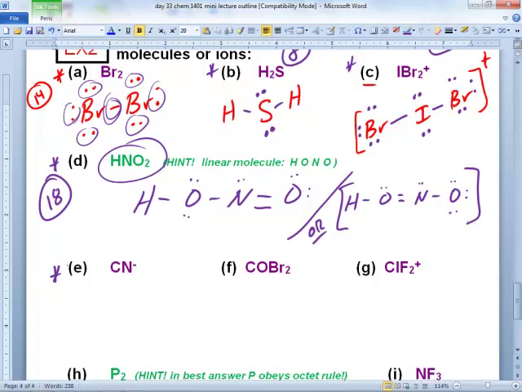4 plus 5 is 9. No. -1 means it has an extra electron. So the total's 10, right? The total's 10 because it has an extra electron. So you should be working with 10 electrons.